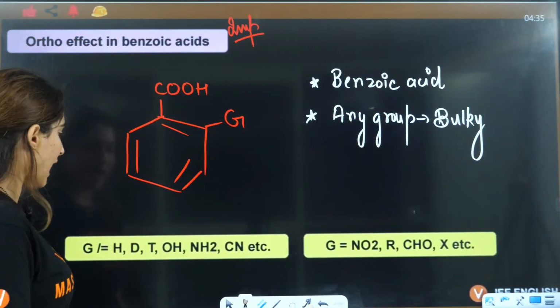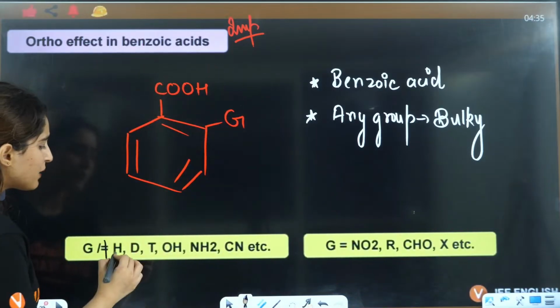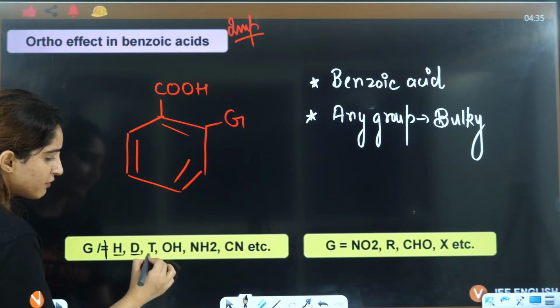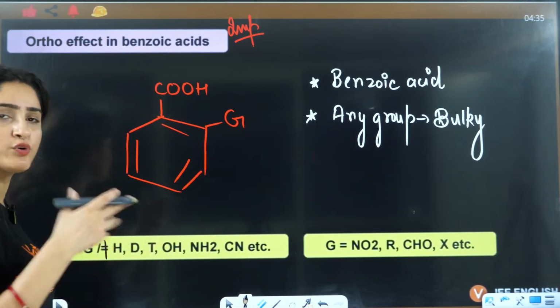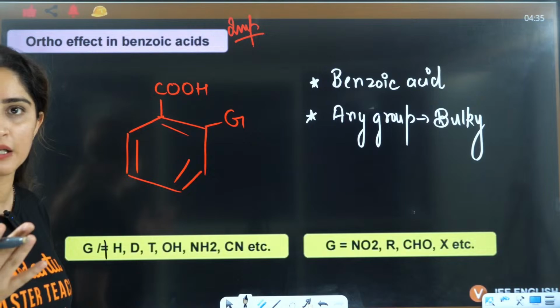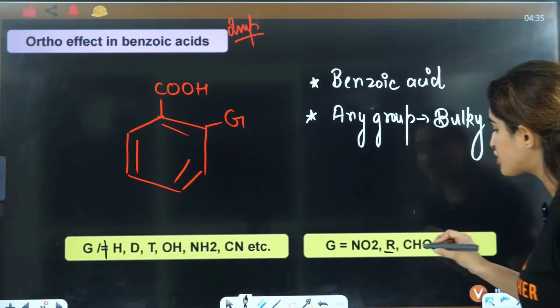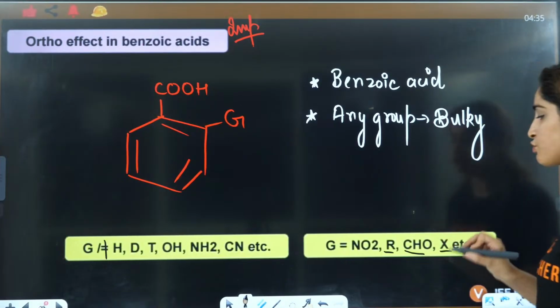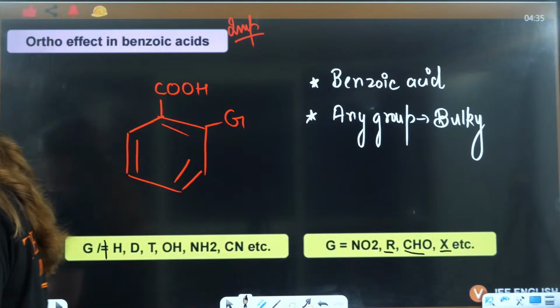Now, if you have groups like hydrogen, deuterium, tritium, OH, NH2, CN, they are going to have no effect on the ortho position, right? So, if you have NO2, any alkyl chain, CHO, any halogen, that is going to show ortho effect, right?